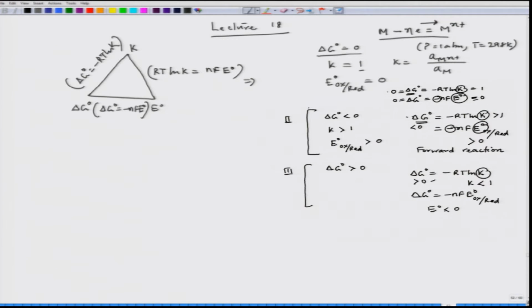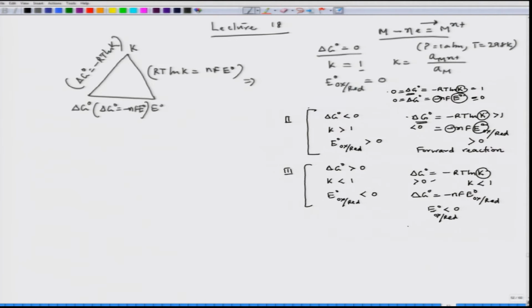That means the reduction potential would go towards the negative side. So here K would be less than 1 and E naught ox by red, which is the reduction potential, would also be less than 0. Fine.